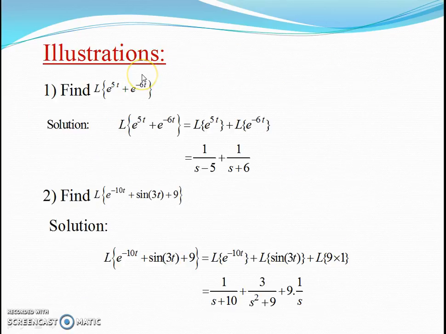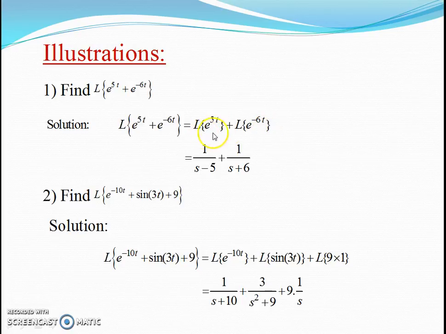Now some illustrations. Example 1. Find Laplace transform of e raised to 5t plus e raised to minus 6t. First of all, separate the operator L to each term. So we get Laplace transform of the given function is equal to Laplace of e raised to 5t plus Laplace of e raised to minus 6t.